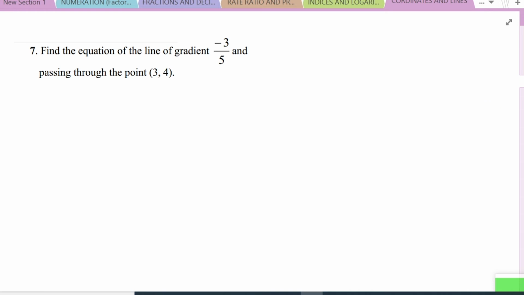Alright, so here again, find the equation of the line of gradient -3/5 and it's passing through point (3, 4). This is pretty familiar. So gradient is -3/5 and it's passing through point (3, 4).